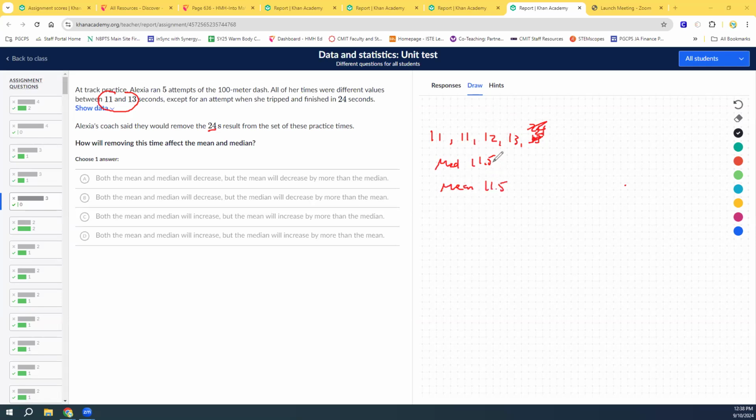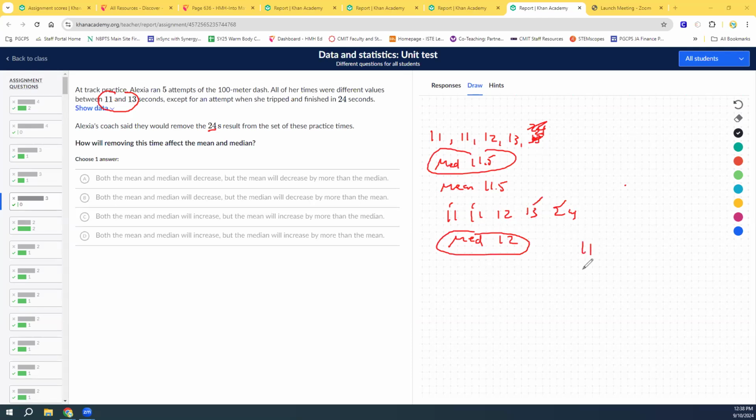I don't know. But if I include the 24, now what's my median going to be? Crossing off, I get the number. My median is 12. So the median changed from 11.5 to 12. Not that big of a deal.